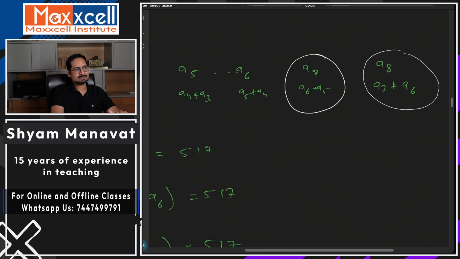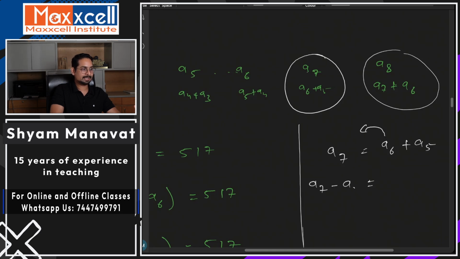Although we used this expression for one of the factors, if I use A7 is equal to A6 plus A5 here, and take A6 to this side, I will have A7 minus A6 as A5.